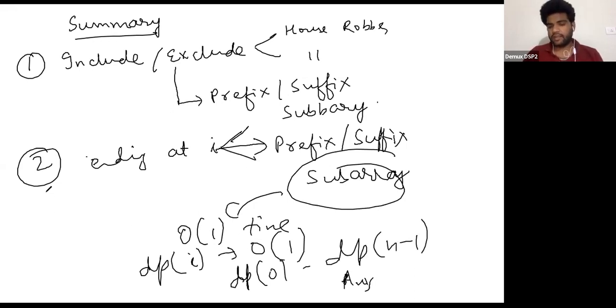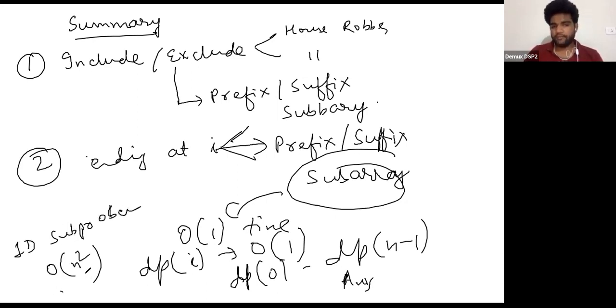Tomorrow we will again look at 1D sub problems, but the overall complexity of the solution will be n square. Computing this DP of i itself will take order of i time and will not be O(1) time. So you will have to iterate over all i's less than i to compute DP of i.